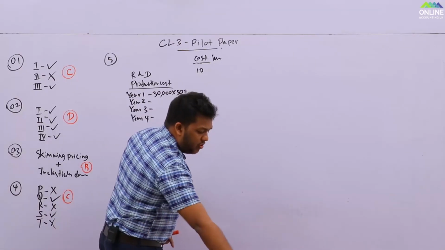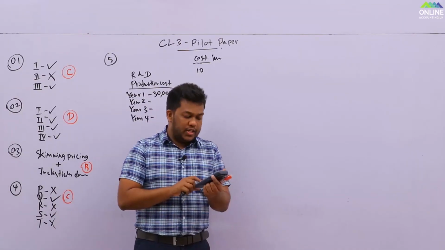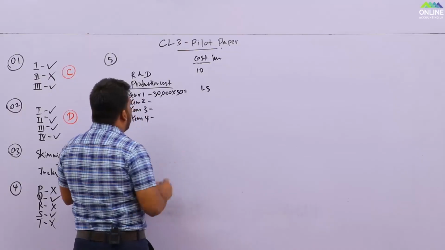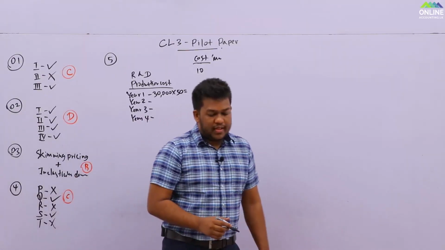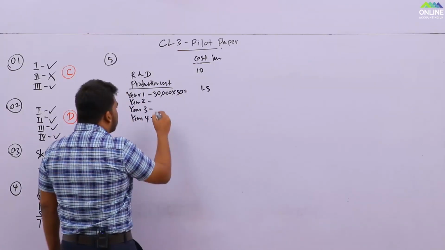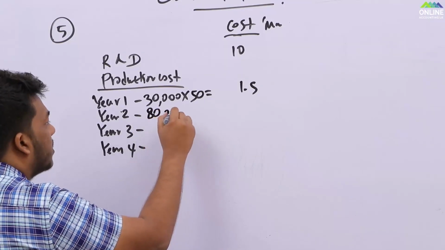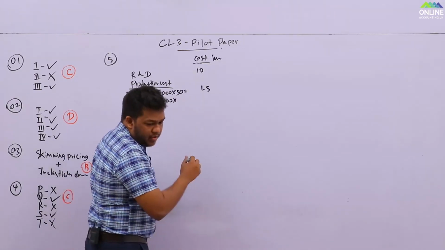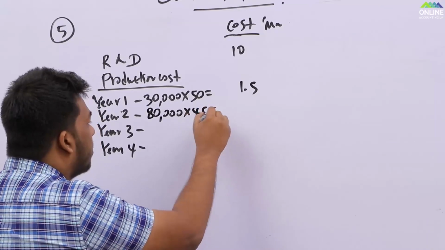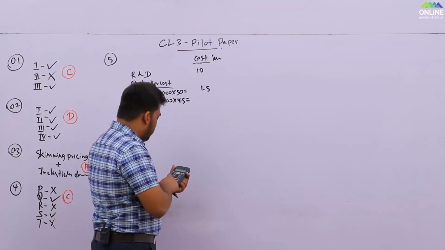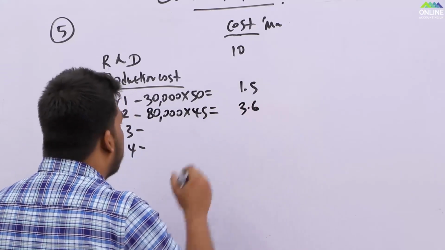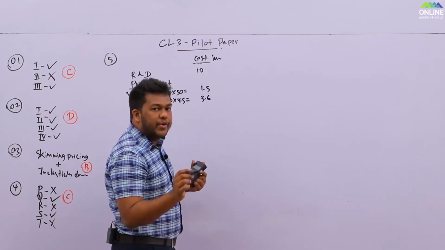So 30,000 times 50, that is 1.5 million. Second one, year 2, they have given 80,000 units. Cost per unit is 45. Then that is 3.6 million.